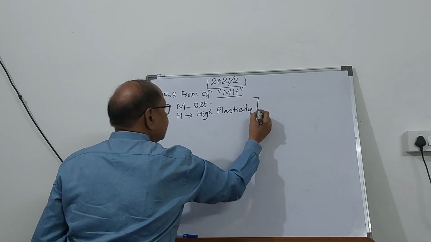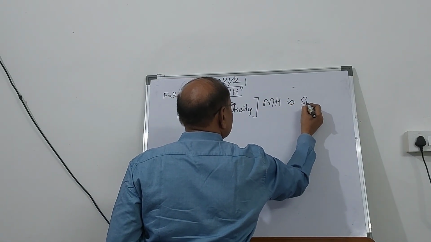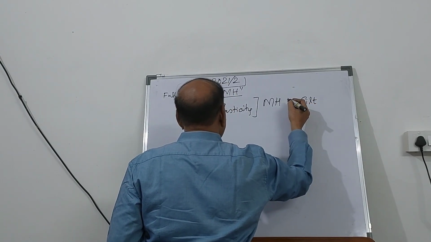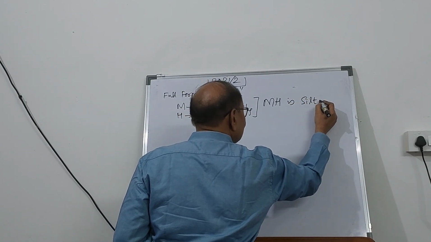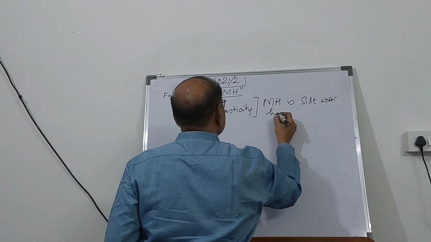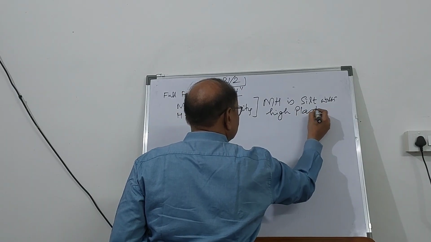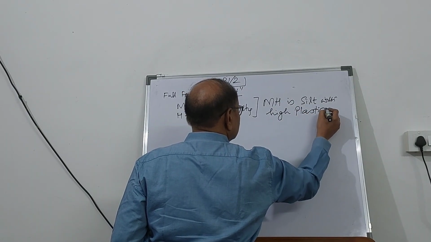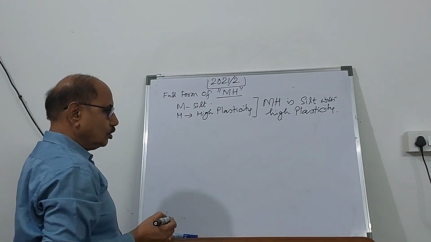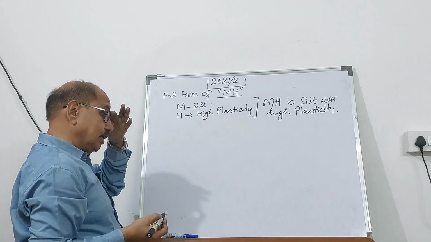Therefore, MH is silt with high plasticity, or high plastic silt. So, a simple question that is asked in 2021.